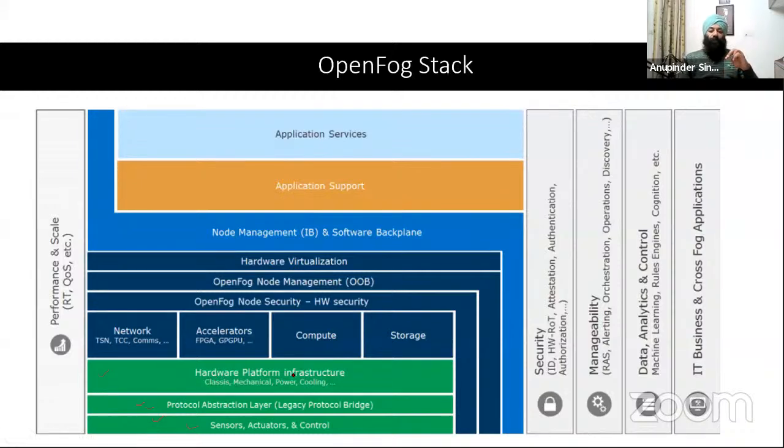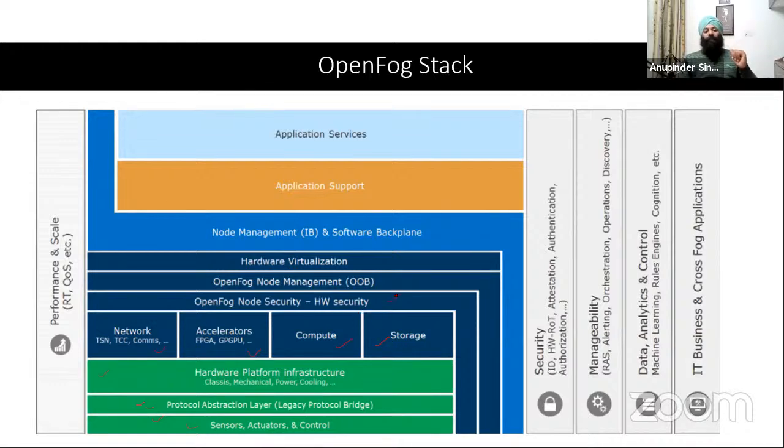Because we are supposed to give them abstraction, so compute, storage, some kind of GPU related stuff, and the network are supposed to be provided to these underlying infrastructure platforms, right?